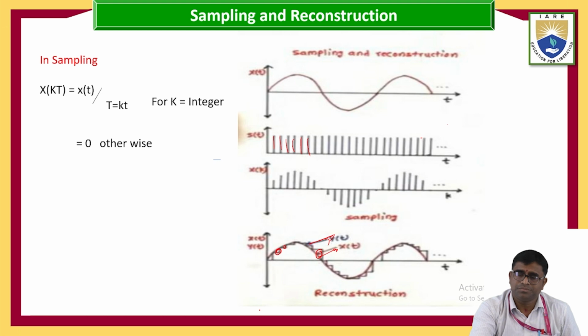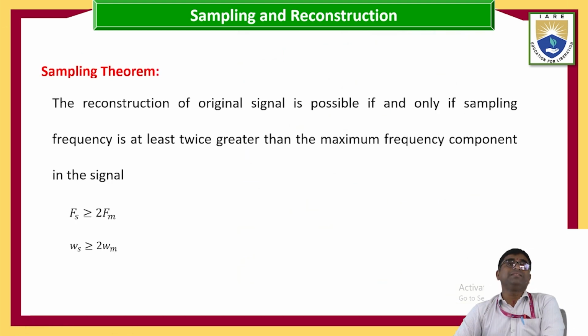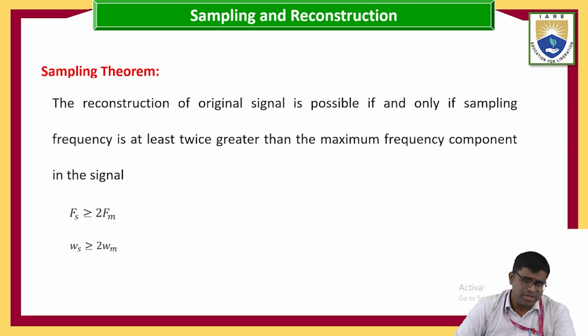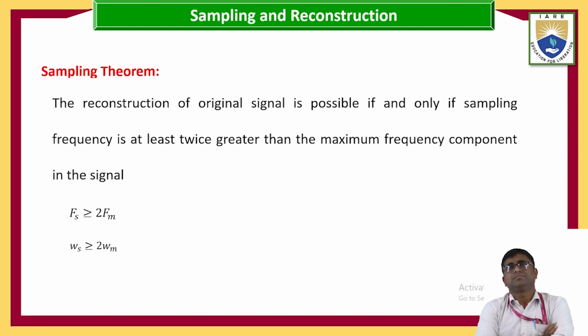Next, coming to the sampling theorem. The reconstruction of the original signal is possible if and only if the sampling frequency is at least twice the maximum frequency component. That is, the original signal is going to be reconstructed if the sampling frequency is greater than twice the maximum frequency of the component.